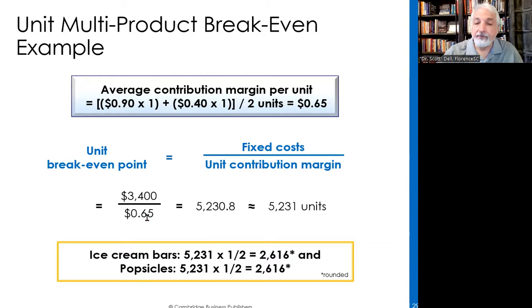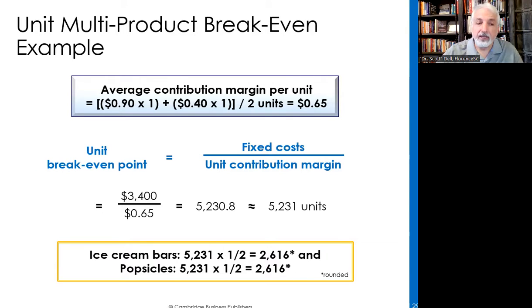And we take the average contribution margin of 65 cents into that total fixed cost, based on that sales mix and the volumes of both, we're anticipating that we would have to sell 5231 units. Well, in this case, we're 50-50 on units, so half of the units would have to be ice cream bars, half would be popsicles, since we had that 50-50 sales mix.